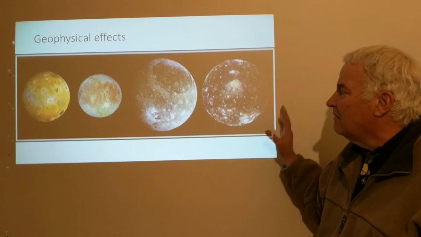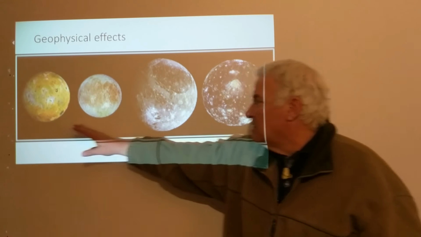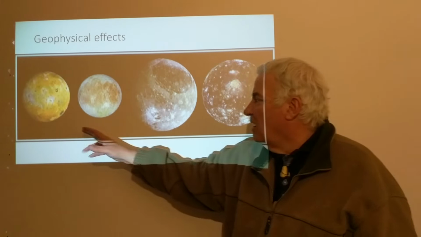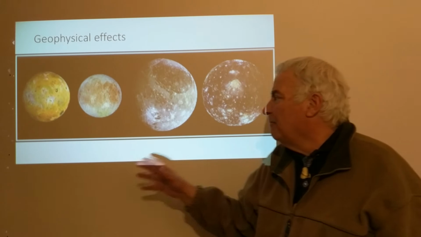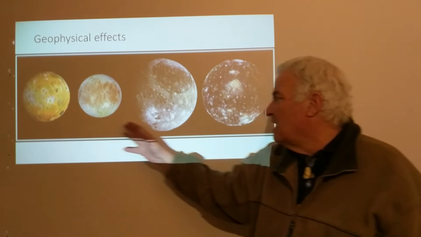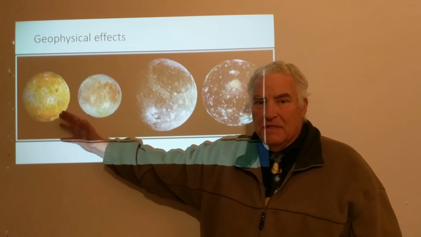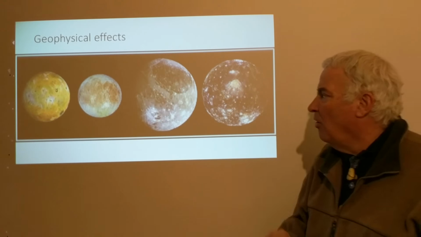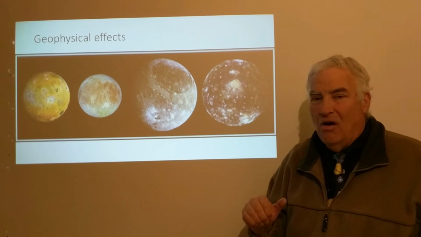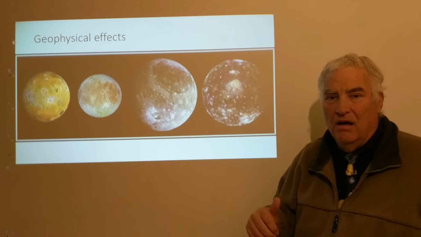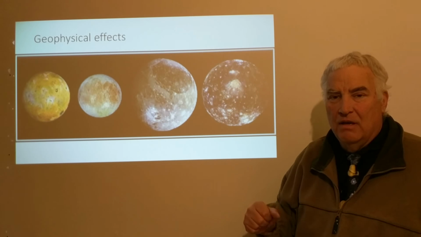So the differences between all of these objects, a very large range of properties, has to do with the strength of the tidal effects of Jupiter. And so that is tides, gravity at work.